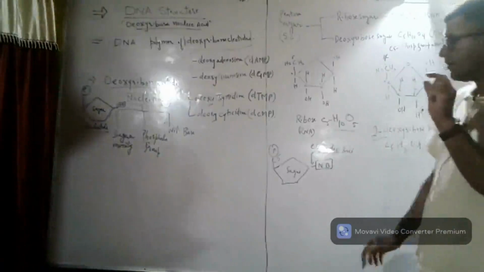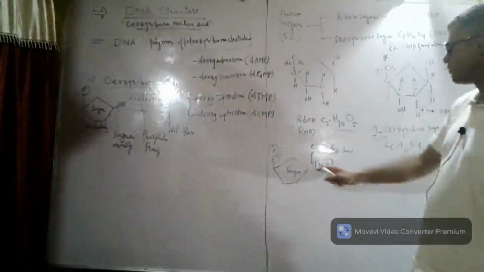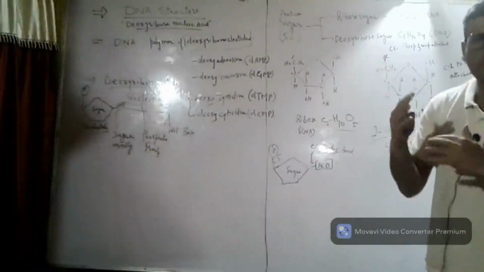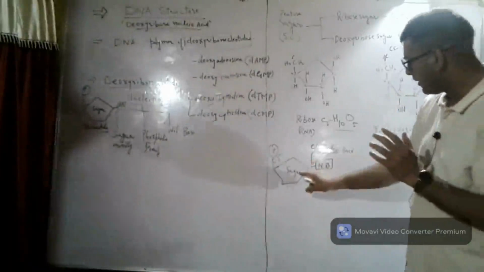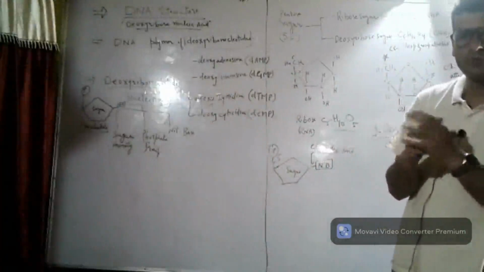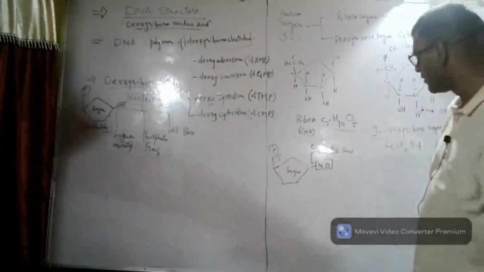At carbon first we have nitrogenous base attached to the carbon first of the sugar by means of bond that is called as glycosidic bond, and the phosphate group is attached to the sugar component by means of a bond that is called as phosphoester bond.